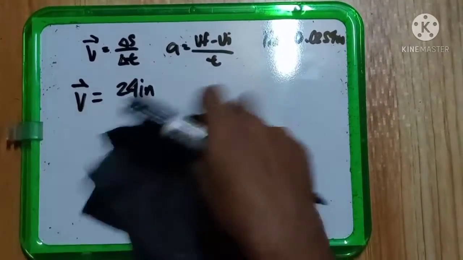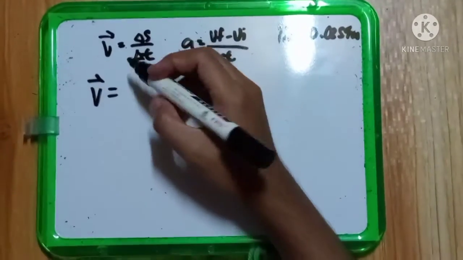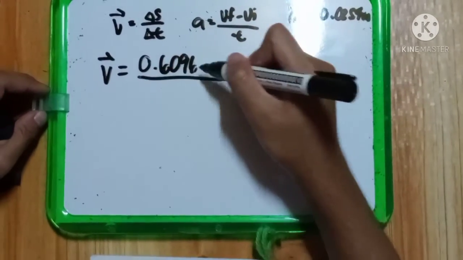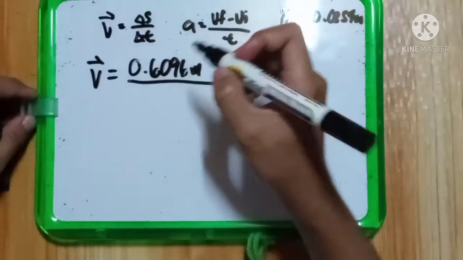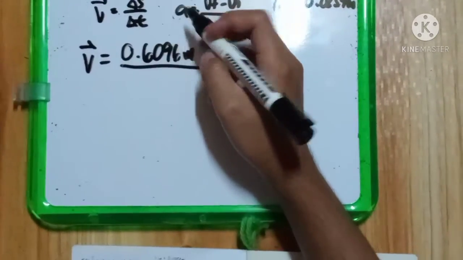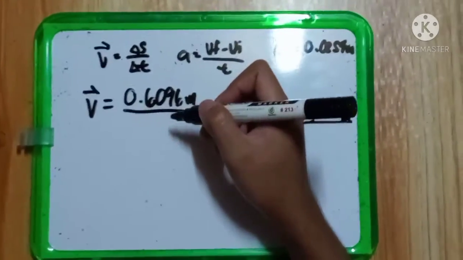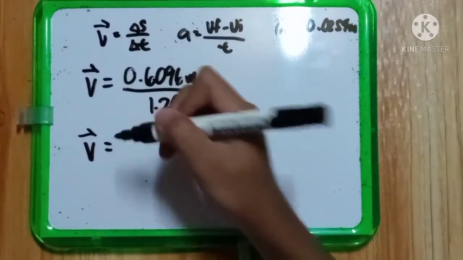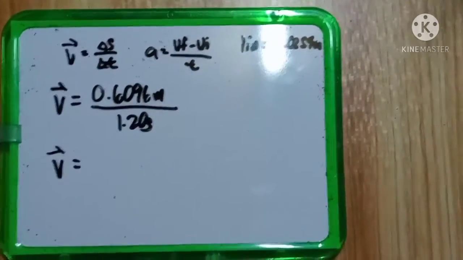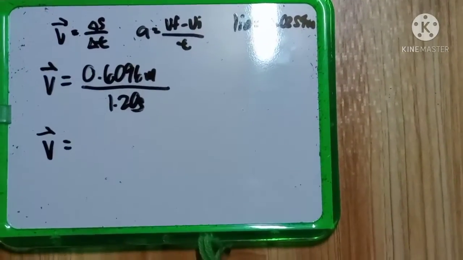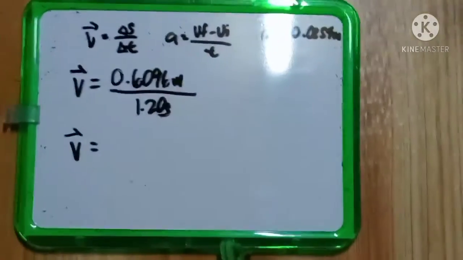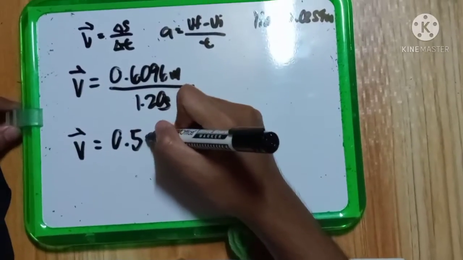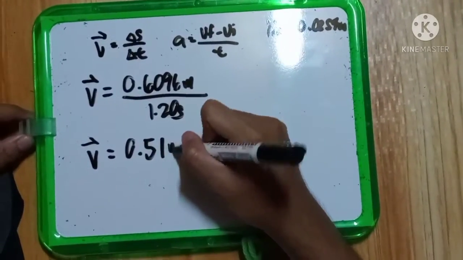So 24 inches is equal to 0.6096 meter divided by the change of time or the average time we have for the fourth strip, which is 1.20 seconds. So our velocity is equal to 0.6096 divided by 1.20 equals 0.51 meter per second.